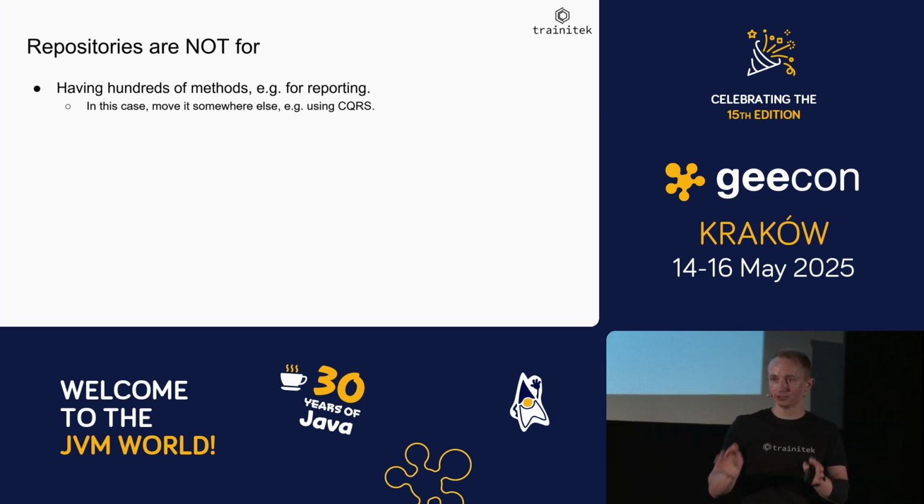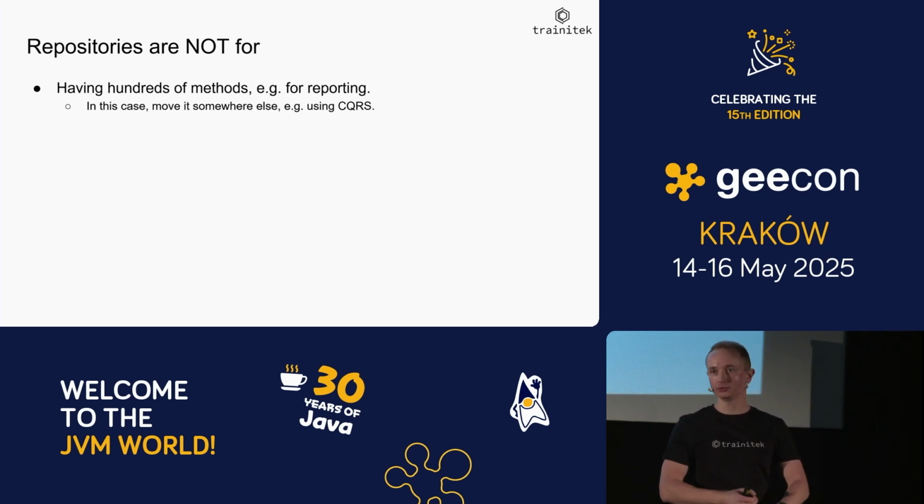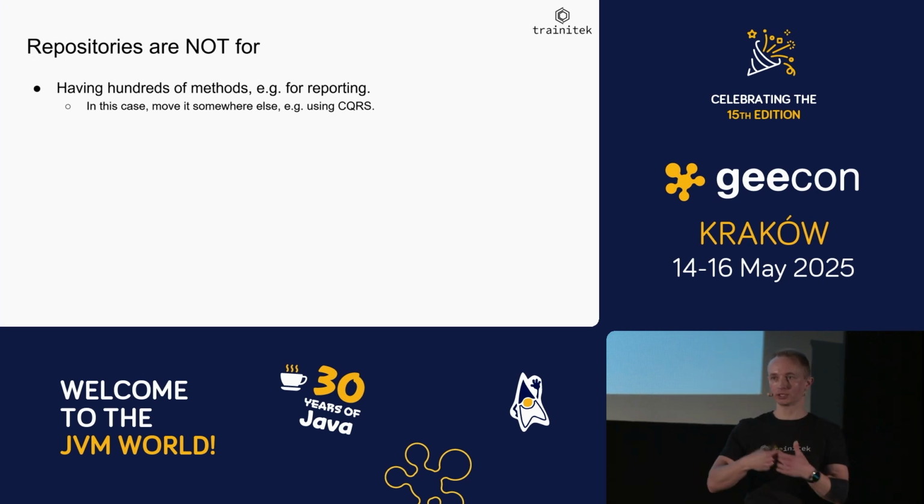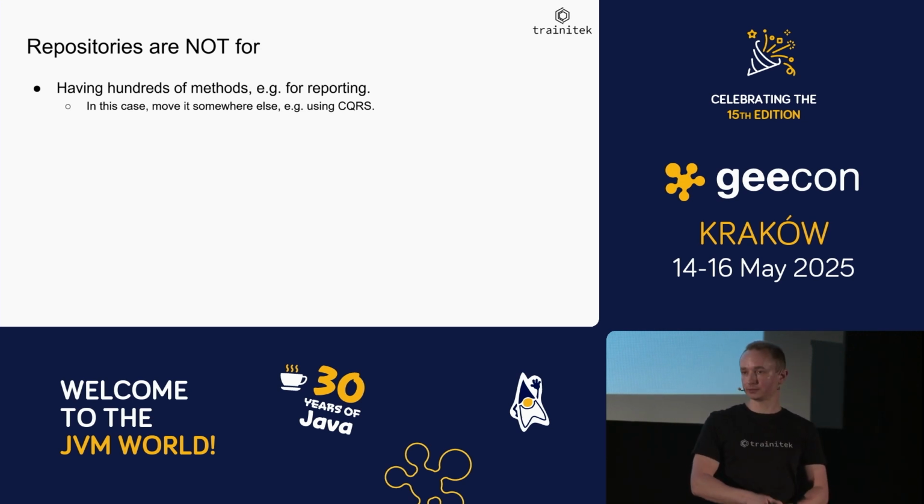So repositories are not for that, and in this case, if you need to grab your data from the database in different ways, probably you should consider working with some projections, like maybe have another component that writes native SQL, for example, or you can consider CQRS as well, so you have a separate read model where you can just take your data from.